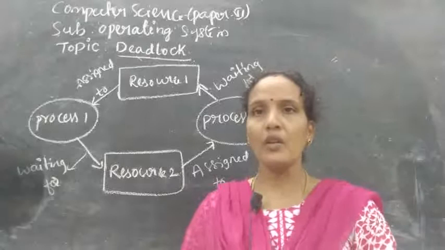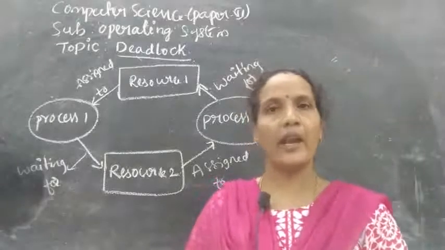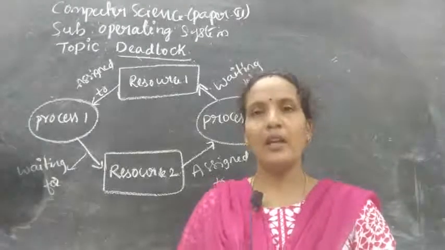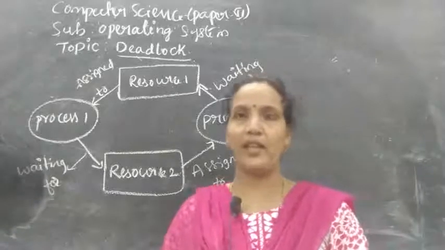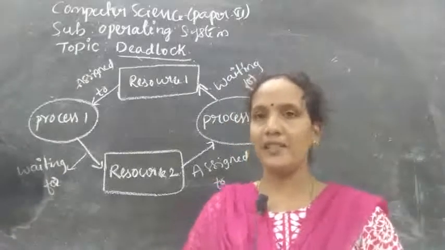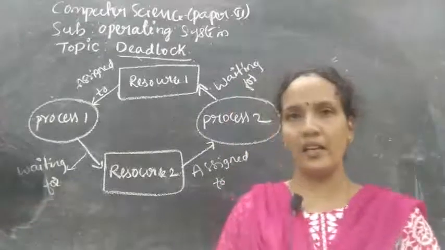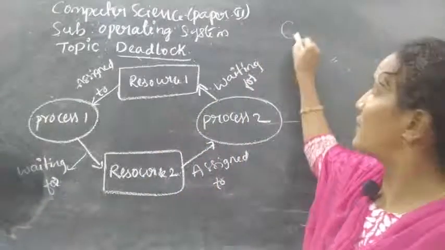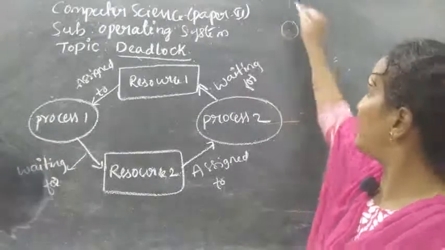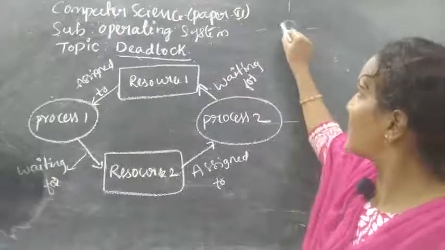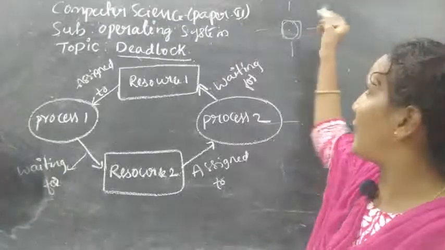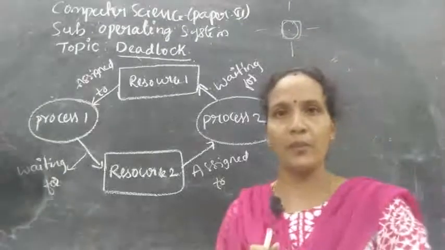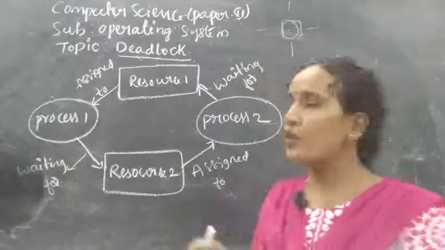Okay, so before going into the actual definition of the deadlock, let me give a real-time example. Example, there is a signal on the road, and 4 sides are there. Example, this signal is damaged and there is a technical problem in the signal. So what happened?